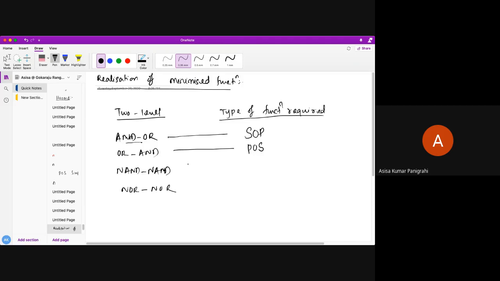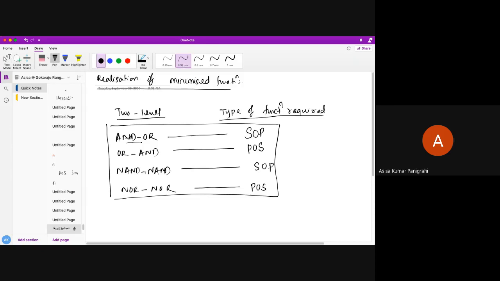Then NAND we can realize for SOP functions only. For NOR we can realize POS functions only.